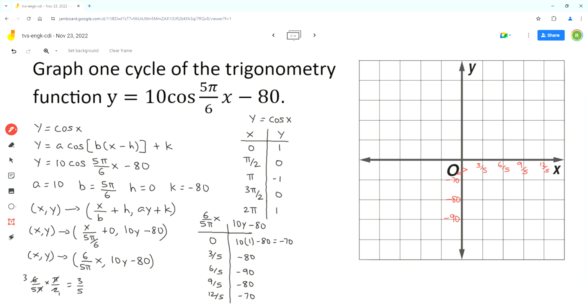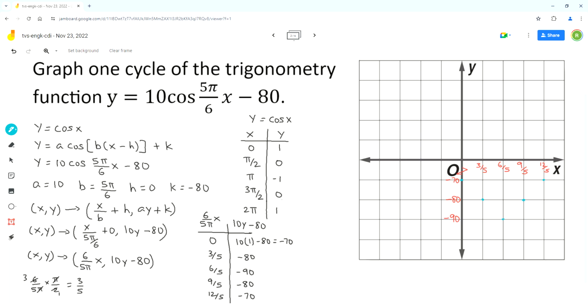So let's start with the first point, 0, negative 70. So this point is on the y-axis. It's over here. 3 over 5, negative 80. That's here. 6 over 5, negative 90. That's here. 9 over 5, negative 80. That's here. And then 12 over 5, negative 70. That'll be here.